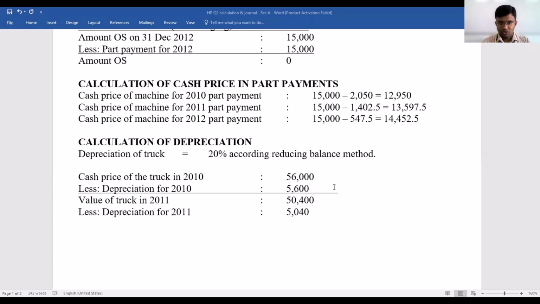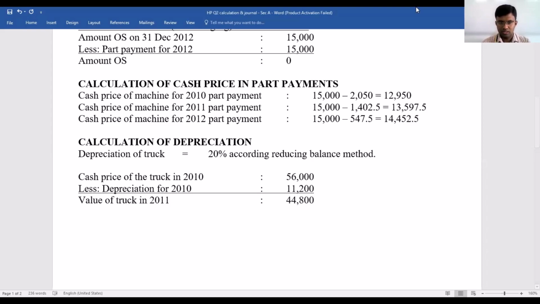In the meanwhile, there was a question: how did we get 5,600? There was a small correction to that. It's not 5,600, it should be 11,200. Depreciation is calculated at 20%, not 10%. So that has been corrected, and let's calculate. This will work out to be 44,800.